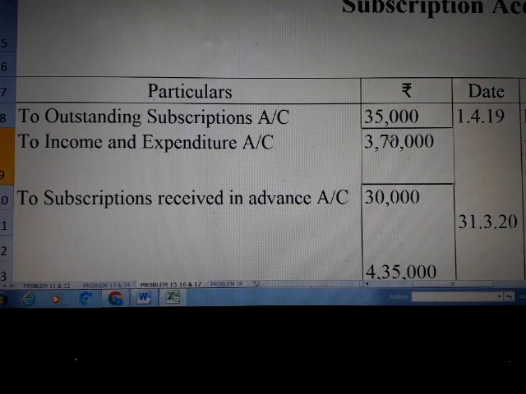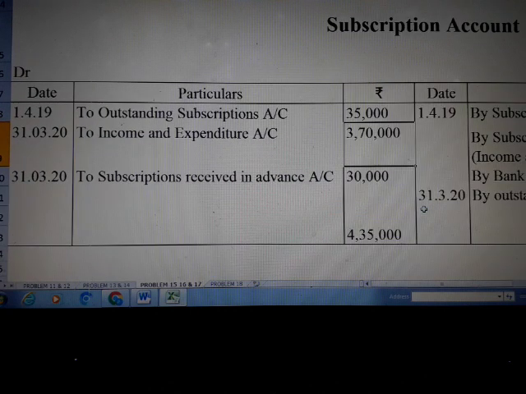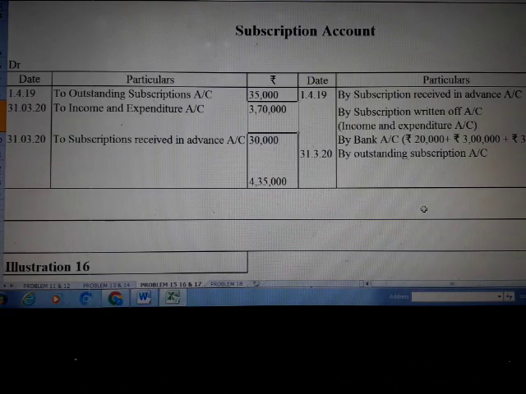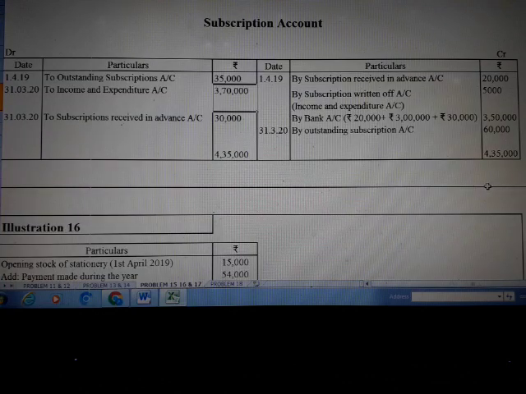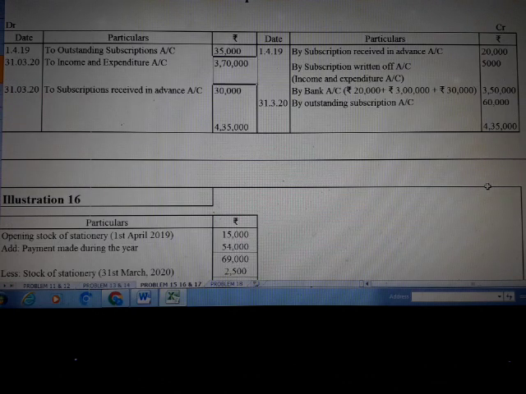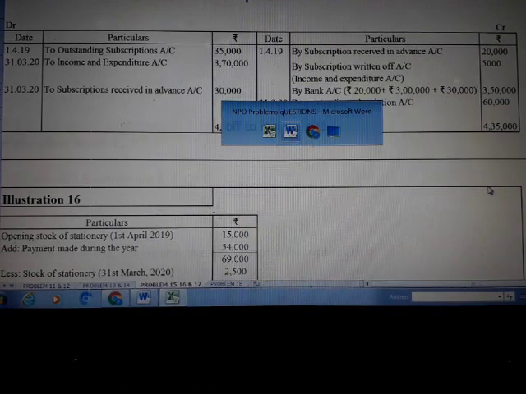So this 3,70,000 is the amount which I have to take to my income and expenditure account. Clear with this, student? So after that, both the sides you need to make tally. You should make it equal. So this is the concept of the subscription account. I hope you all understood the concept, right? Fine. Let's move on to the next problem.